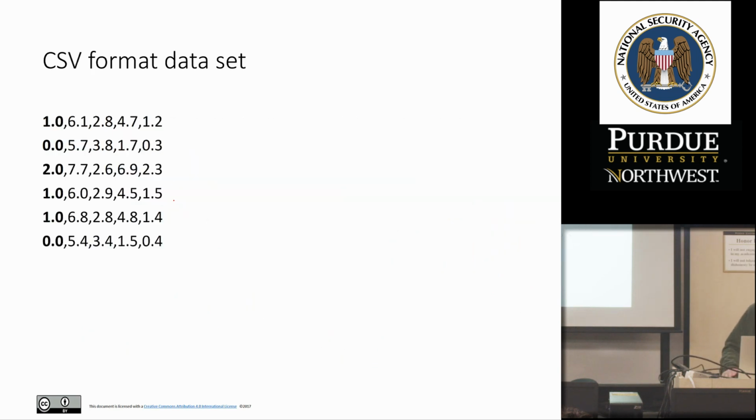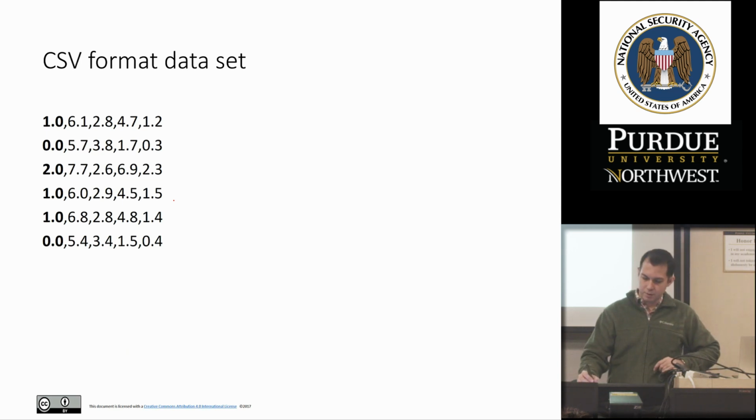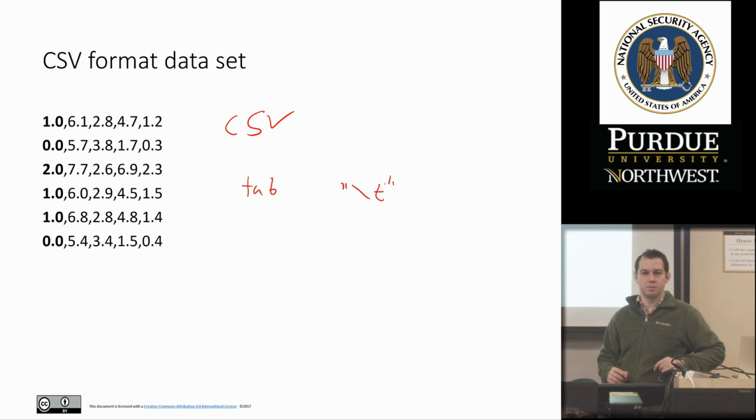So this is a data set, the iris data set, for instance, in CSV format. CSV stands for comma separated. It can also be tab separated. So you have the tab symbol, which is, I think, like that, right? That's the tab symbol.